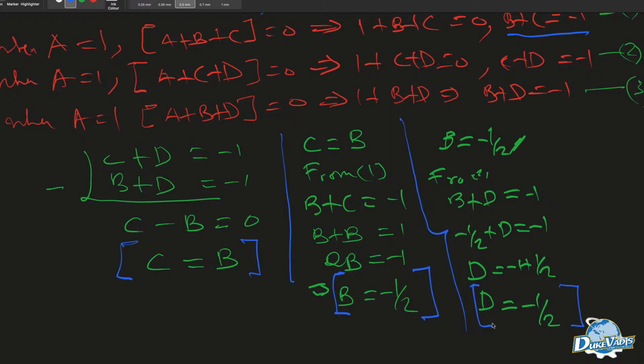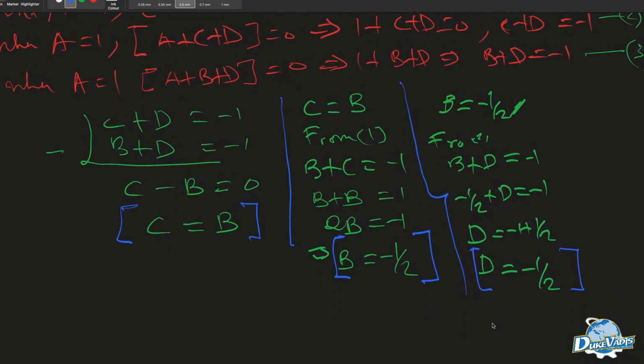So now I'm gonna continue. You ready? Because I'm gonna go move up. So we also know that we have A plus C plus D, which is equals to 0.